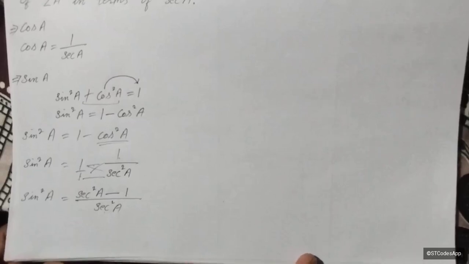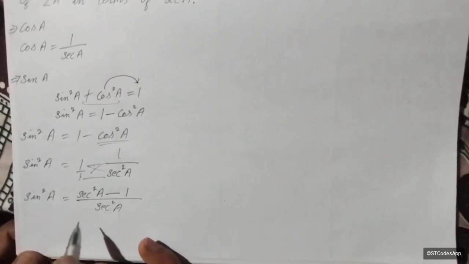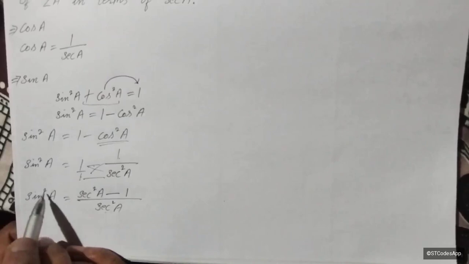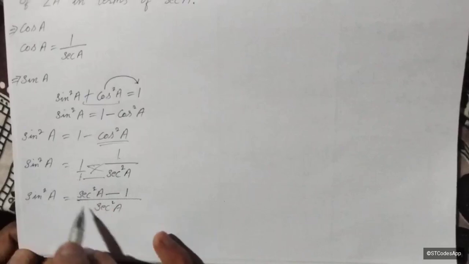Now we can further solve this. Sine has square, so when we are removing this square, the other side will get under root.